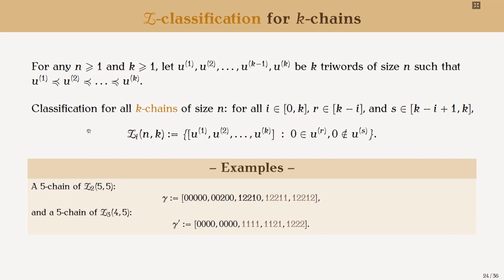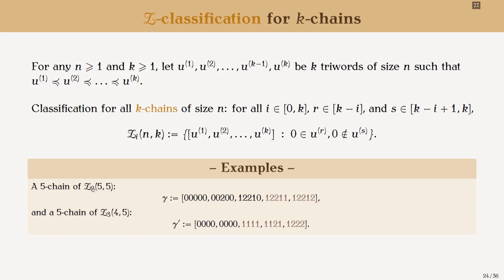Okay, so to obtain an enumeration of these chains, a way that I found was to classify all these chains depending on the presence or not of the letter 0. For instance, the set denoted by Z_i is the set of all chains having i words without 0.